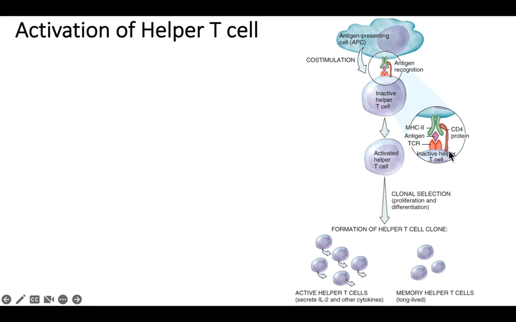Then notice you have a CD4 protein or receptor that attaches to the MHC2. So this is a form of communication, basically. It's using two receptors, TCR and CD4, on the helper to identify that we've got presentation going on. So what's this going to lead to? Let's start from the beginning.